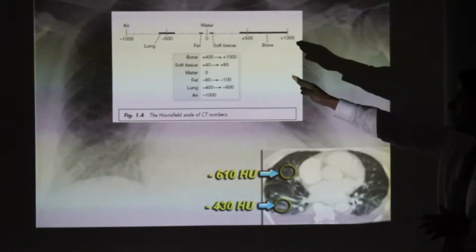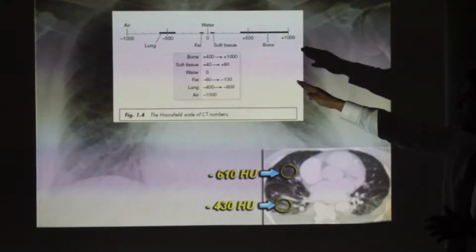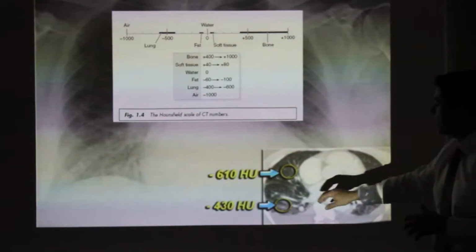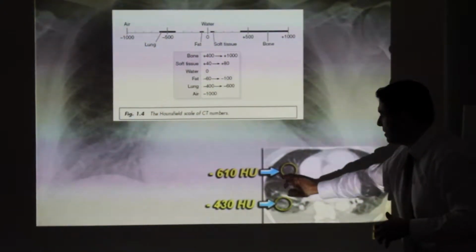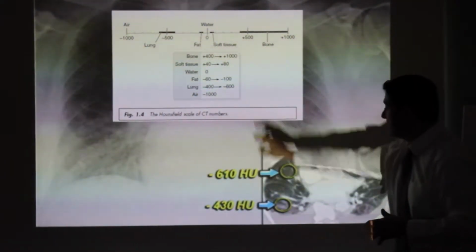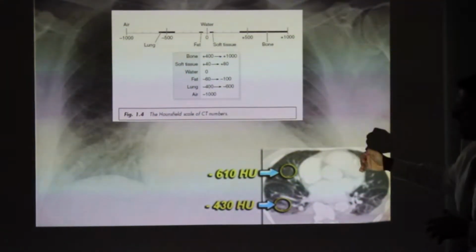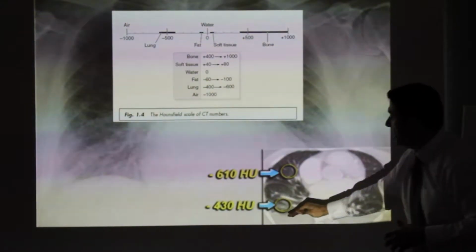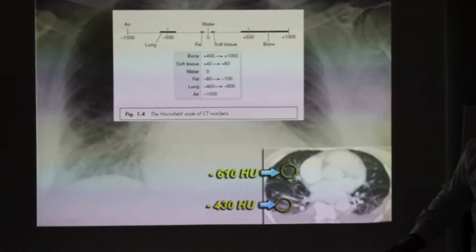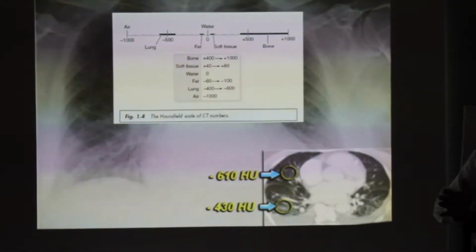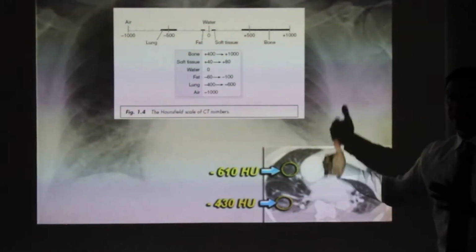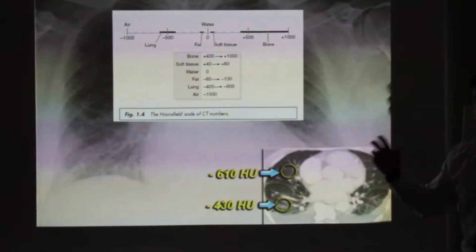The lung usually is between minus 600 and minus 400. For instance here, this Hounsfield unit is minus 600. It's lung tissue, dry lung tissue. Once you start getting closer to 0, so minus 430, this can indicate more water in the lungs. If it gets more positive, this can indicate blood also. So the Hounsfield unit sometimes can help you.